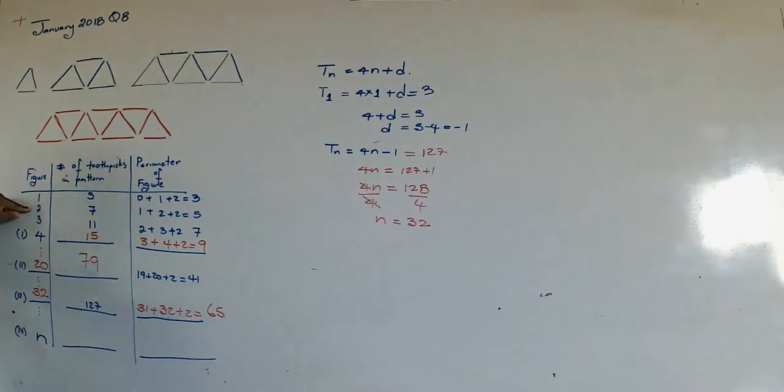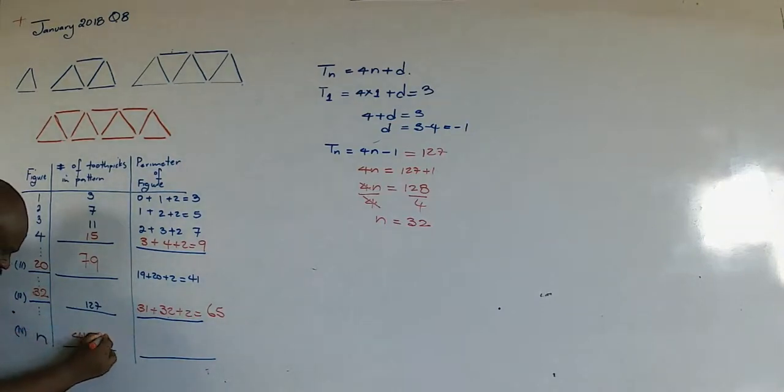This is 4 times 2 minus 1, 7. This is 4 times 3 minus 1, 11. Good. This is 4 times 20 minus 1. This is 4 times 32 minus 1. This will be 4 times n minus 1. Very good. 4 times n minus 1.